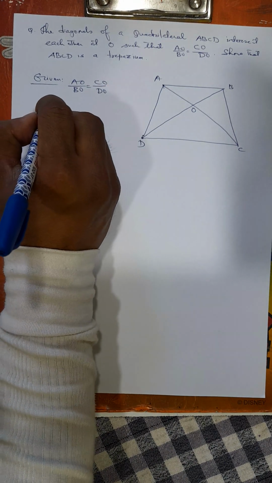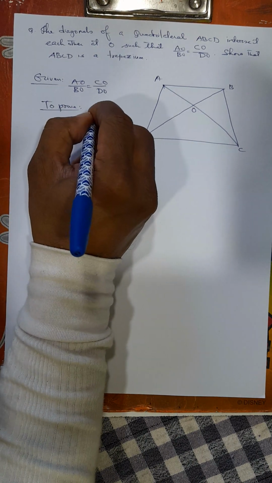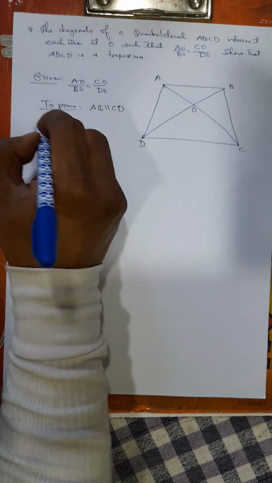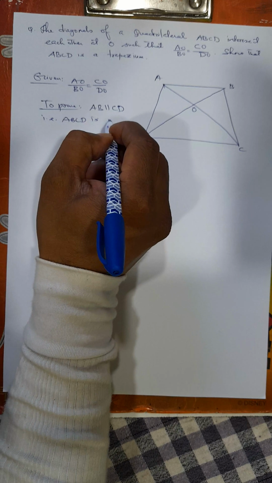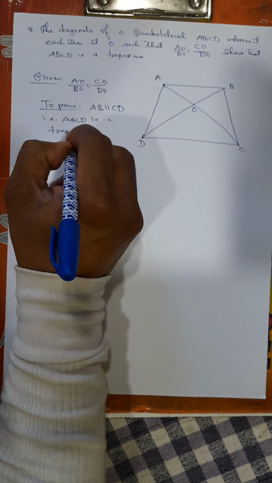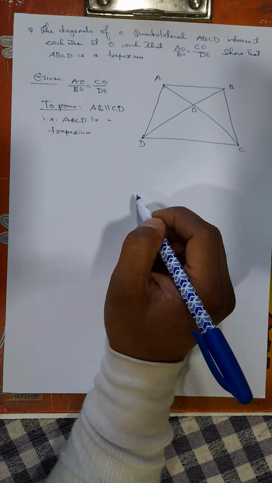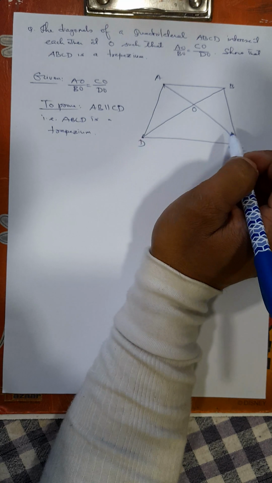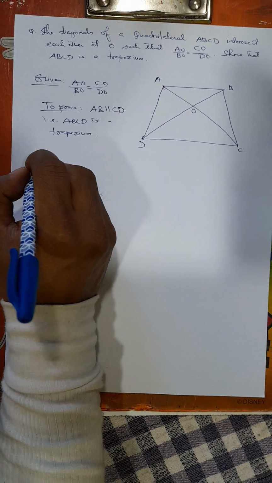To prove: ABCD is a trapezium, AB parallel to CD. Right? So this time you are given that AO by BO equals CO by DO.